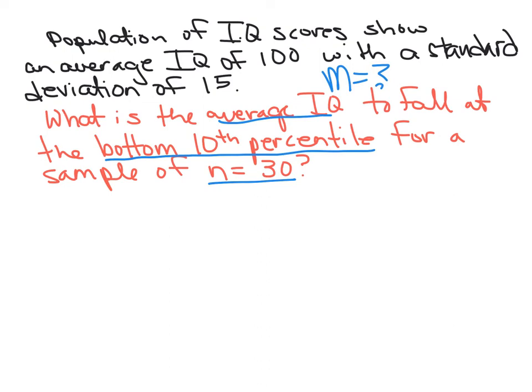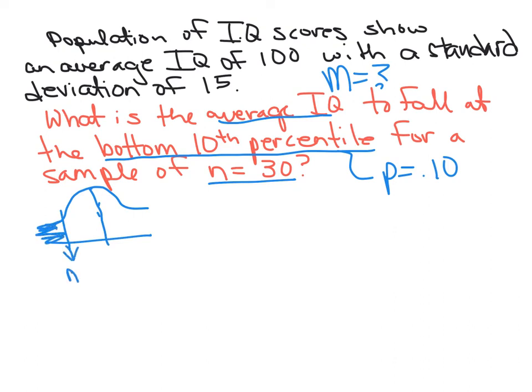And if we look at the bottom 10th percentile, that's P equals 0.10. This is pretty easy because we're already looking at, okay, here's the mean, but here is the bottom 10th percentile. So we're basically looking for this mean here, because this is the 10th percentile, which is P equals 0.10. So that's in the tail.